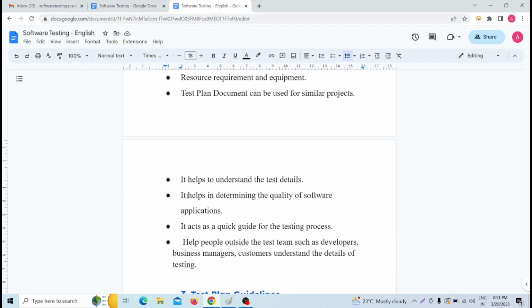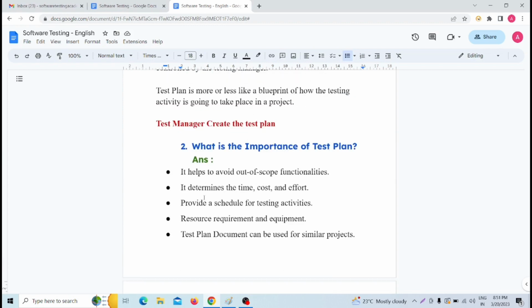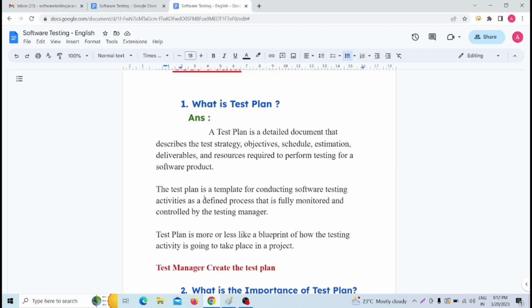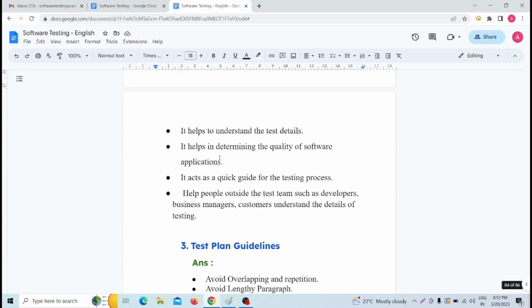Then the test plan helps in determining the quality of the software application, because if I am following the test plan, that means we are following all the testing strategy, objectives, schedule, estimation, deliverables, resources, everything. So if we follow these things together, then obviously at the end we can hand over a quality software product to the client, right? So that's why the test plan helps in determining the quality of the software application.